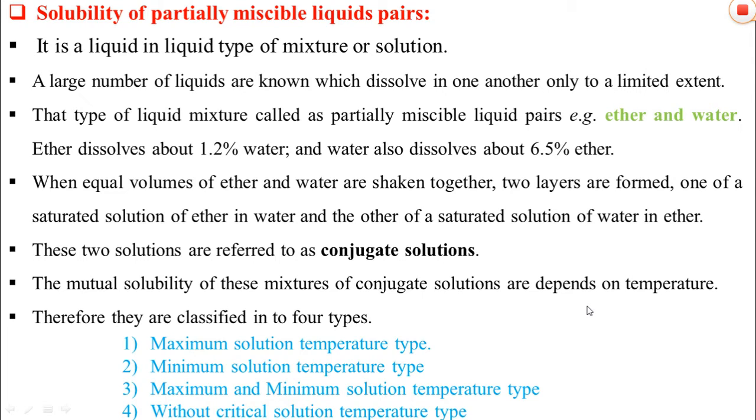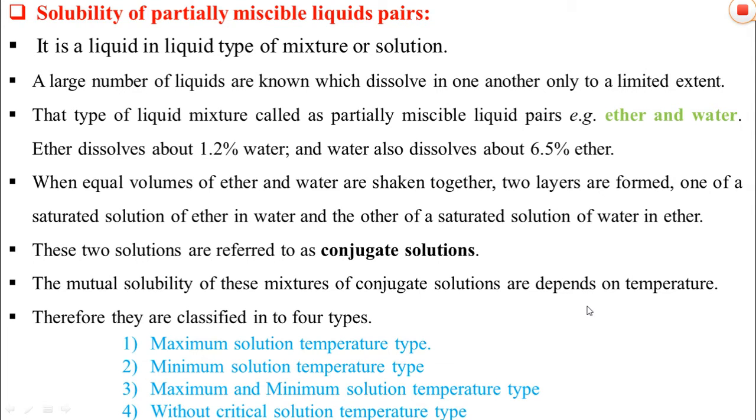Therefore, they are called partially miscible liquids. When equal volumes of ether and water are shaken together, there is a formation of two layers. From these two layers, one is the saturated solution of ether in water and another is the saturated solution of water in ether. These two solutions are called conjugate solutions.